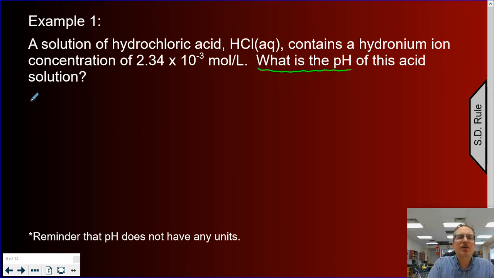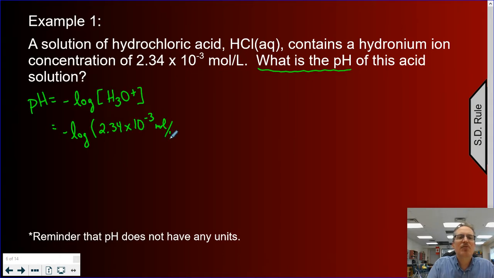So using my new formula, pH equals the negative log of the concentration of the hydronium ion. So we are going to take the negative log of 2.34 times 10 to the negative 3 moles per liter.